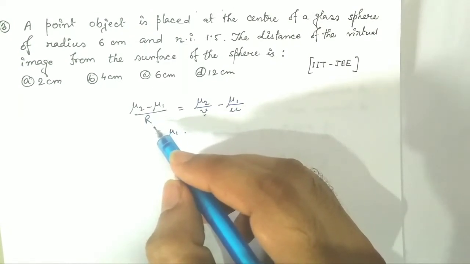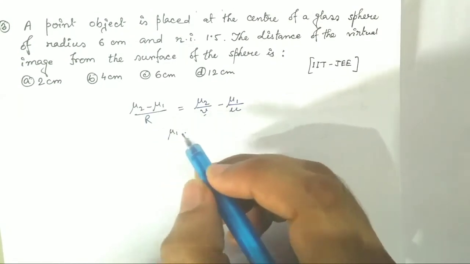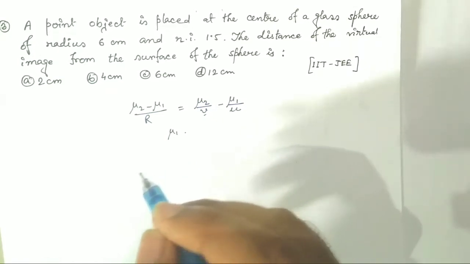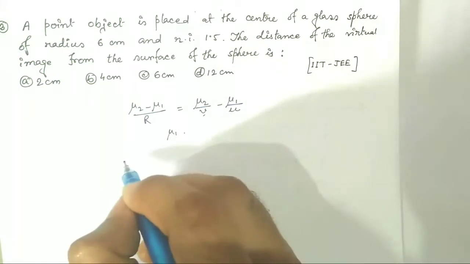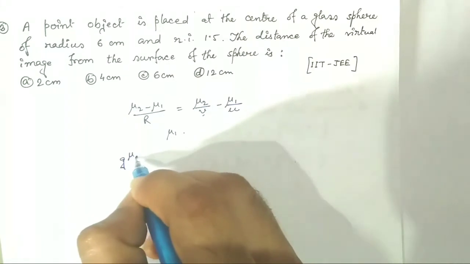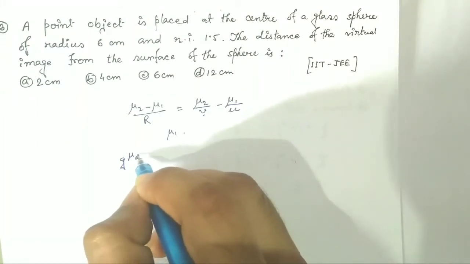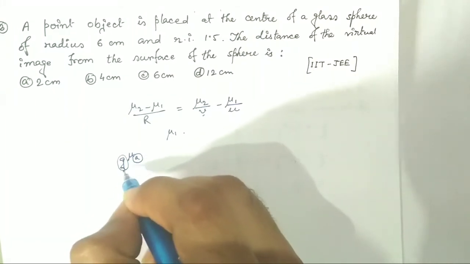Now using this formula, in this question the first medium is the glass and the second medium is air. So we can write g mu a, not a mu g. This is the second medium and this is the first medium.